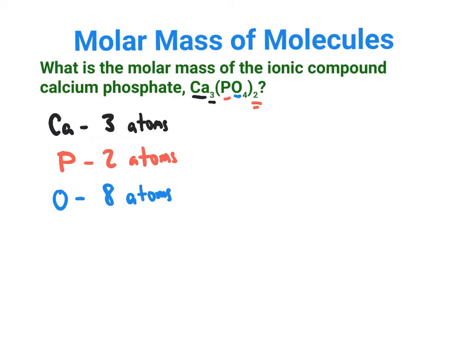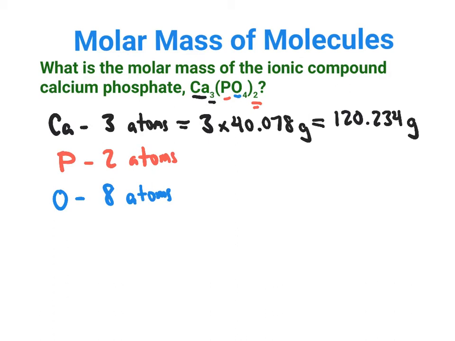And it looks something like this. For calcium, it equals 3, and I go to the periodic table, I find the mass of calcium, and it's 40.078 grams. 3 times 40.078 grams is 120.234 grams.